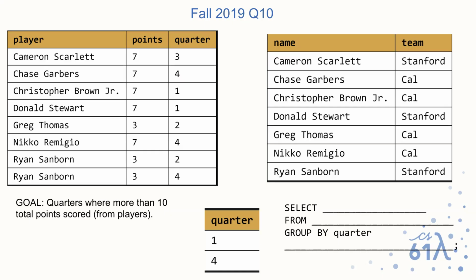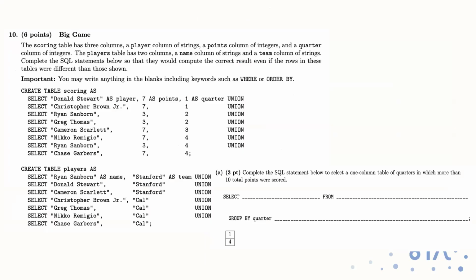So quarter 4 has a combined total of this plus this plus this. Quarter 2 was this plus that. My question was, what are the table names? Oh, sorry. This is scoring, and I think I should show you this then.